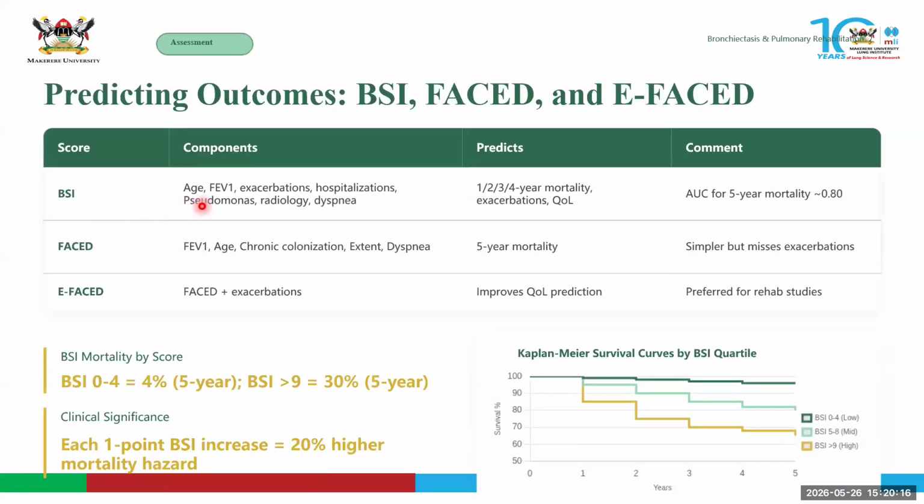Others like FACED and E-FACED consider the FEV1, the age, the colonization, the extent, and the dyspnea. So with this, one can anticipate the risk of mortality. And at the lower scores, definitely we know at 5 years, we have the lower risk of mortality.